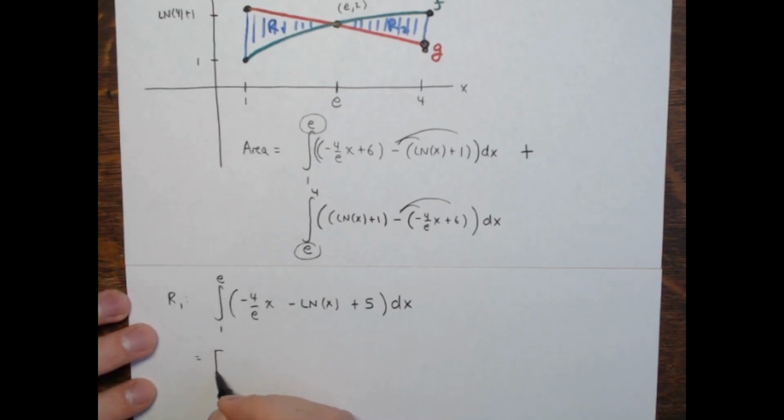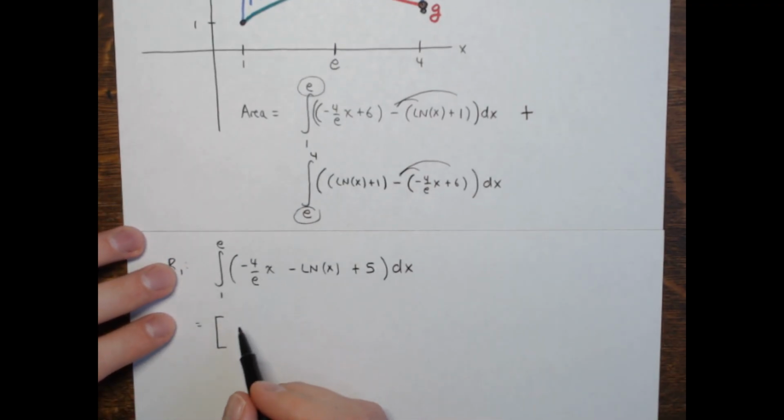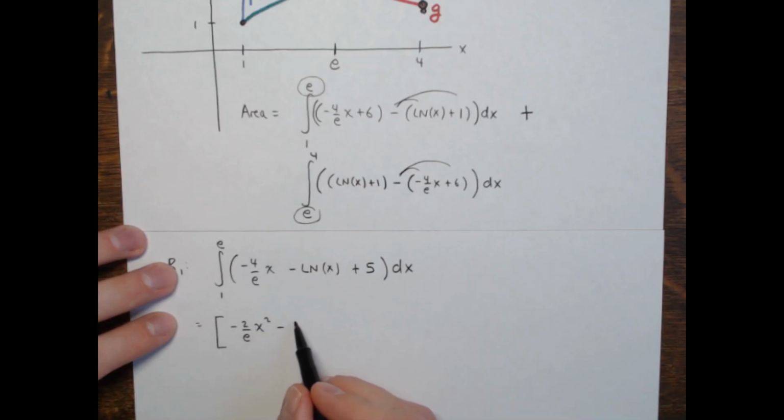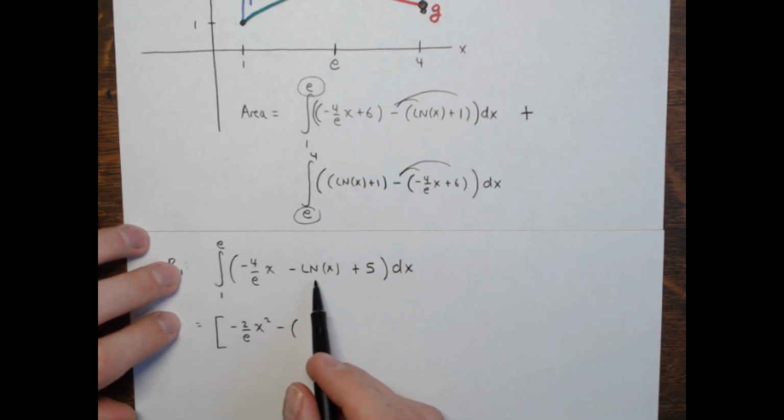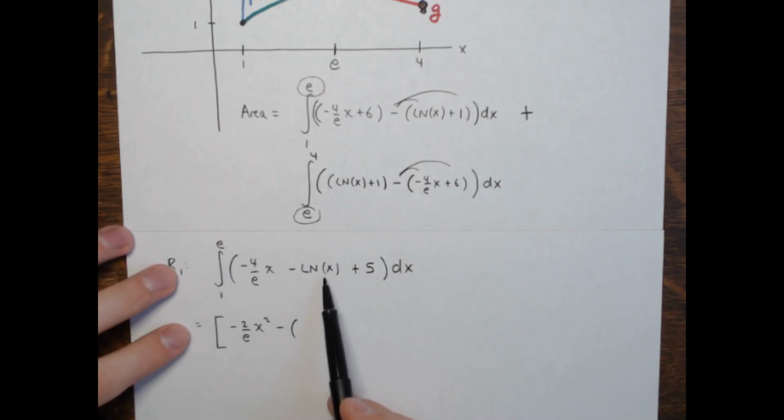So, fundamental theorem of calculus part 2. With just x to the first here, this would be negative 2 over e times x squared minus, there was a video I had put out a little bit ago, depending on when you're seeing this, where I went over this.